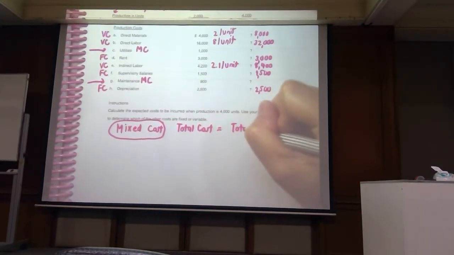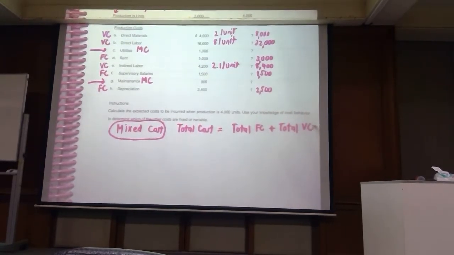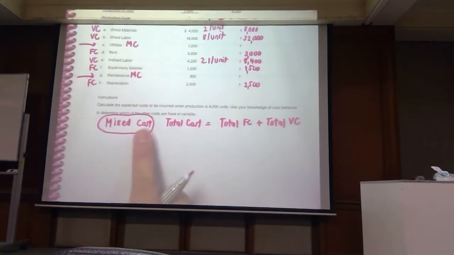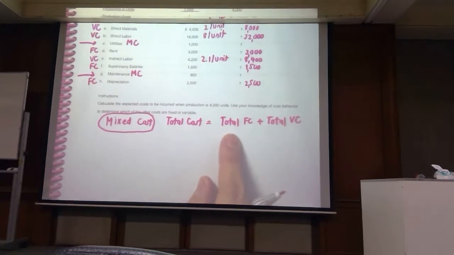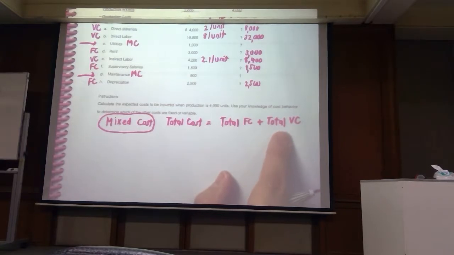We have total fixed cost plus total variable cost, okay? See, the mixed cost always consists of two parts. Part of the cost is fixed, and another part is the variable portion, okay?